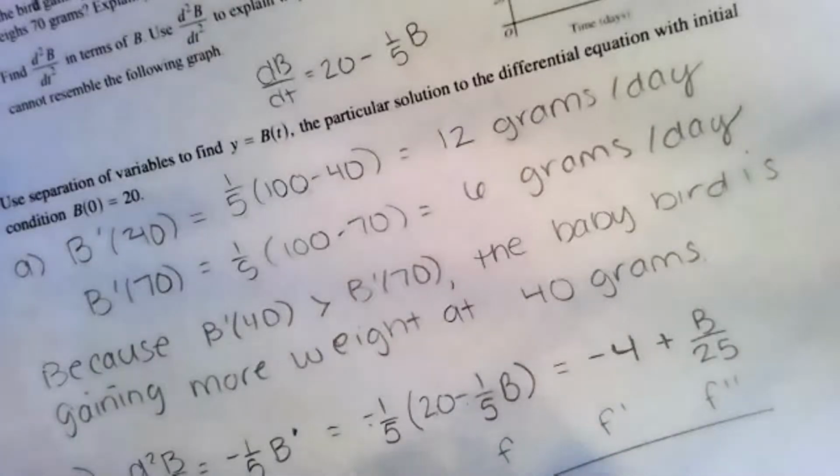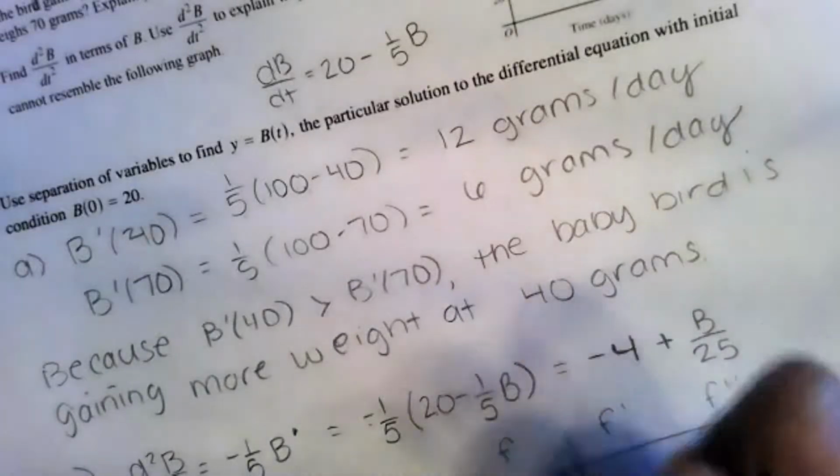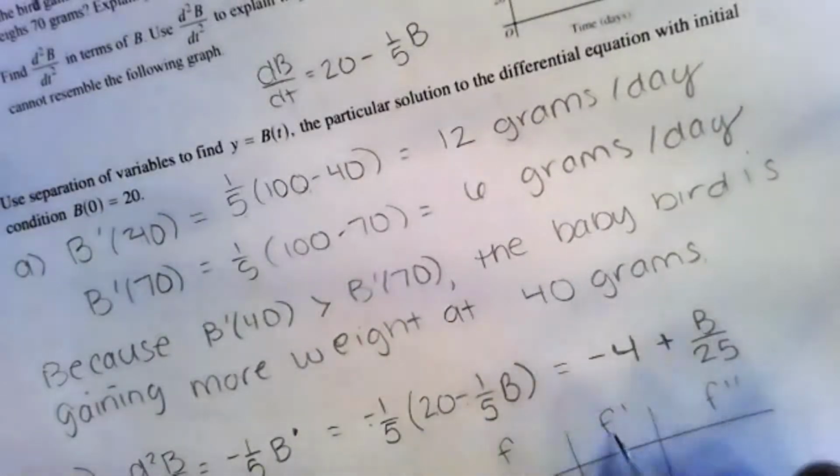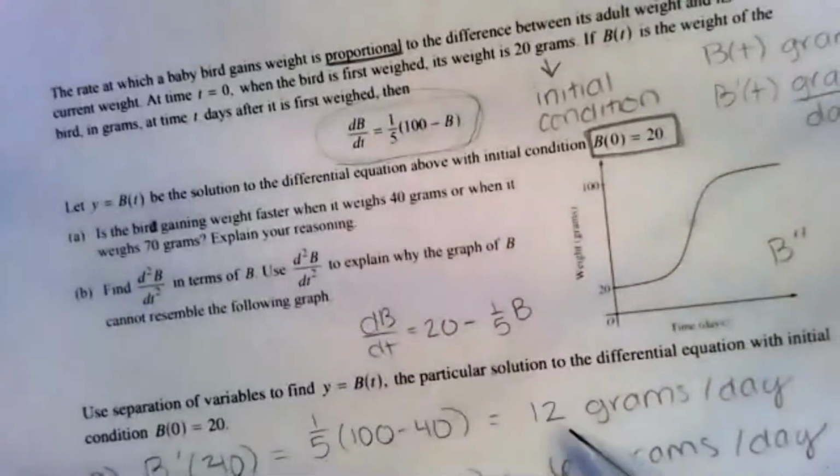If you talk about concave up and concave down with respect to this derivative, it's concave up when this is increasing and concave down when that's decreasing. Well, we have 12 and 6.